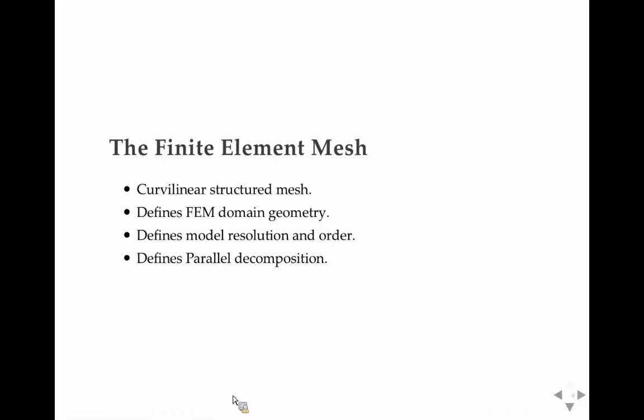When I say it can be curvilinear, you're free to move any nodes wherever you like. Of course, you have to maintain the mesh integrity. You can't just tangle nodes up. But when we say it's structured curvilinear, we mean that you can start at one corner, and if you walk along those elements, you always end up at the opposite corner. So it's not unstructured where the connectivity of the nodes is arbitrary.